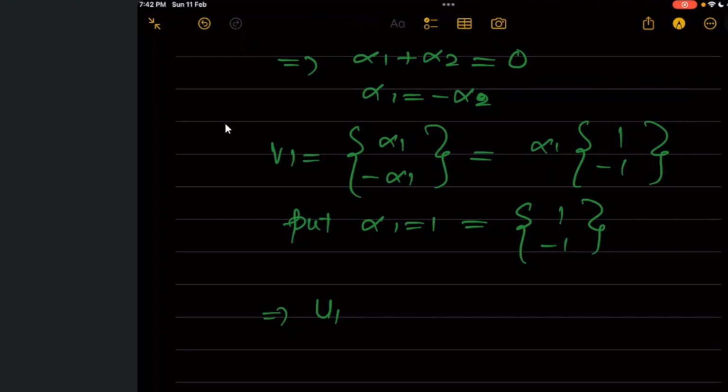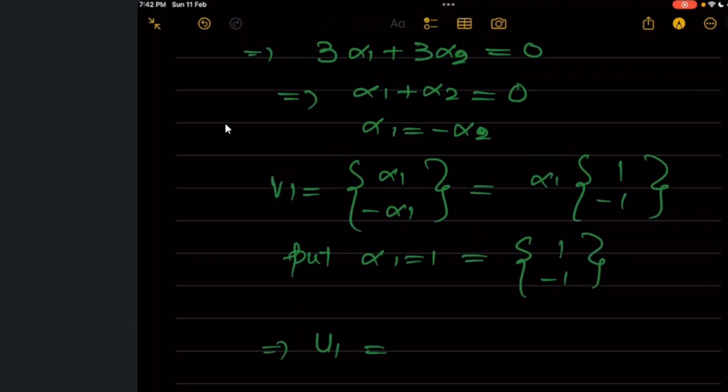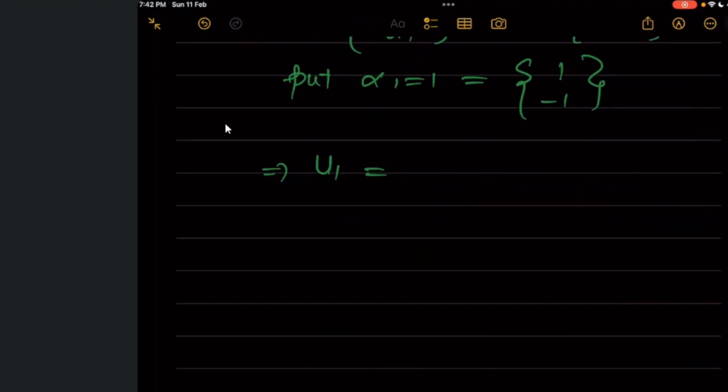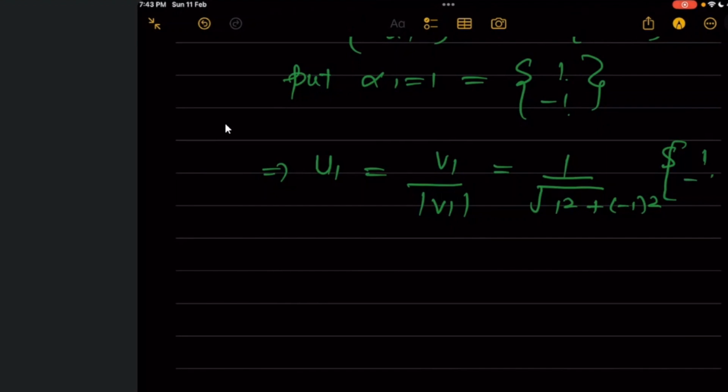So u1 will be the normalized vector, which will be equal to the vector v1 which we already got, divided by its magnitude. So what is the magnitude here? Under root of 1 square plus minus 1 square, into the eigenvector, which is 1 and minus 1.